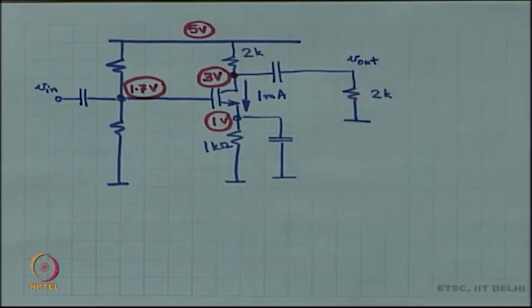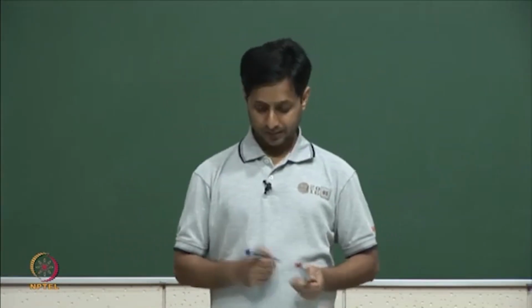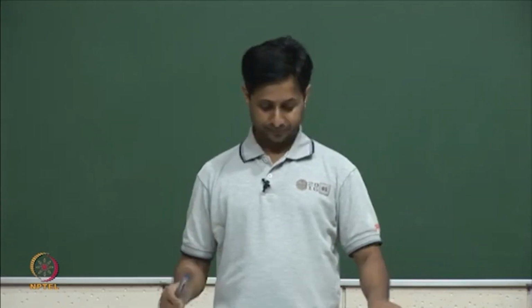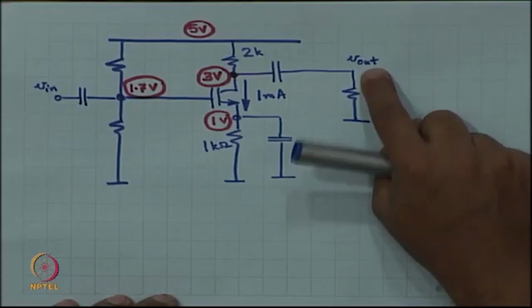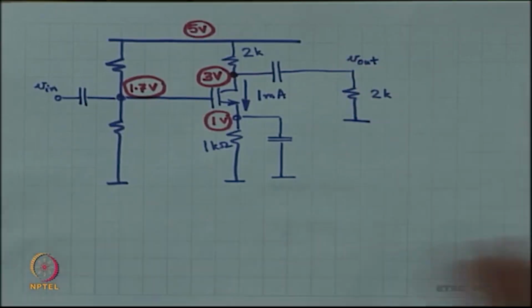Okay. Now, what is going to happen? Let us find out the limits. Limits are how high can V out go and how low V out can go. What is the lowest value of V out? What is the highest value of V out? Usually you will get these limits with the help of two conditions.